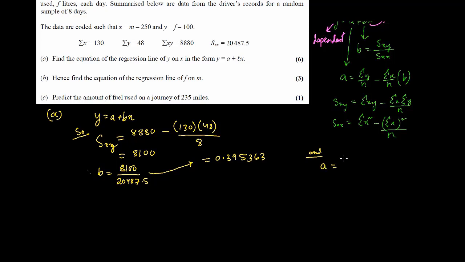The value of a is summation of y by number of data. Summation of y is 48, number of data is 8, minus summation of x by number of data. Summation of x is 130 divided by number of data 8, multiplied by b, which is 0.395363.